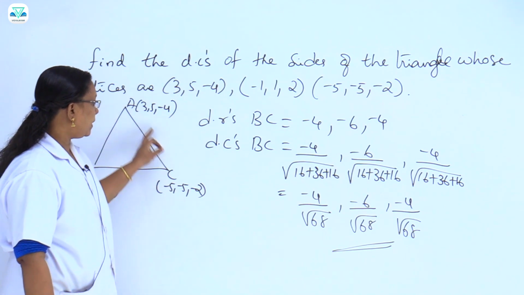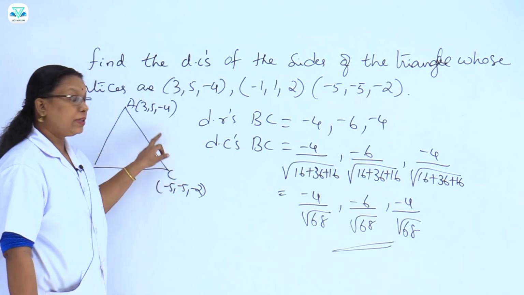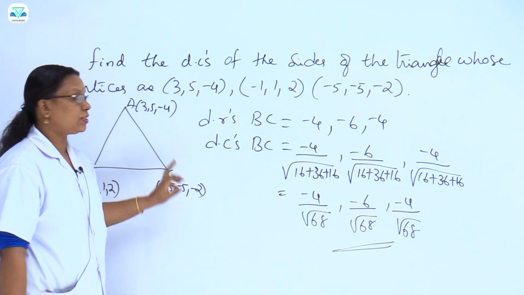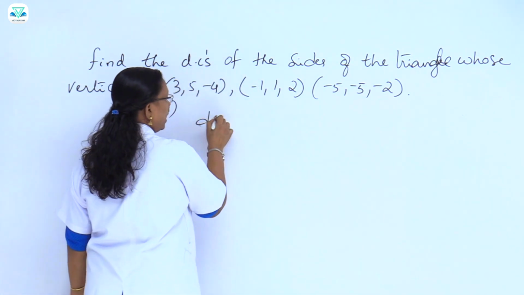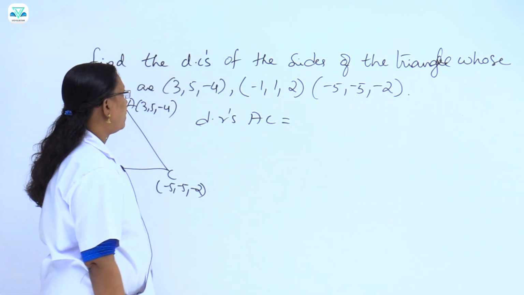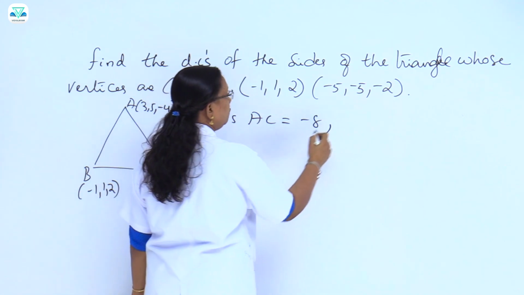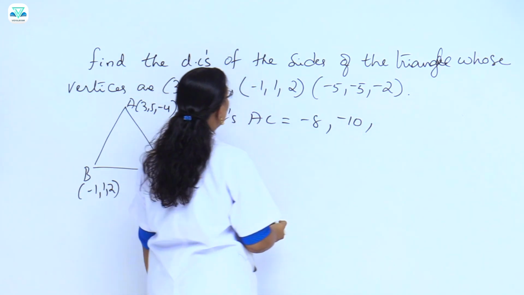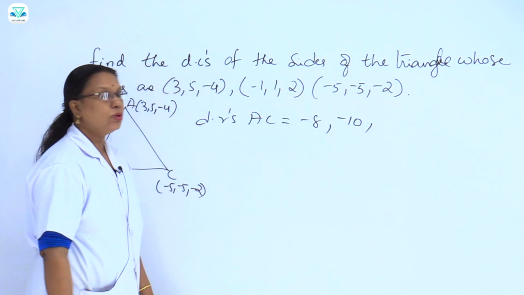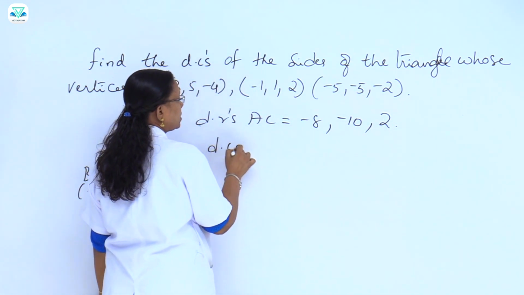Similarly, the remaining side is AC. Find the direction cosines of AC: direction ratios first, then direction cosines. So the direction ratios of AC, with A and C: minus 5 minus 3, minus 5 minus 5, minus 2 minus of minus 4, that is minus 8, minus 10, 2. So what are the direction cosines of AC?